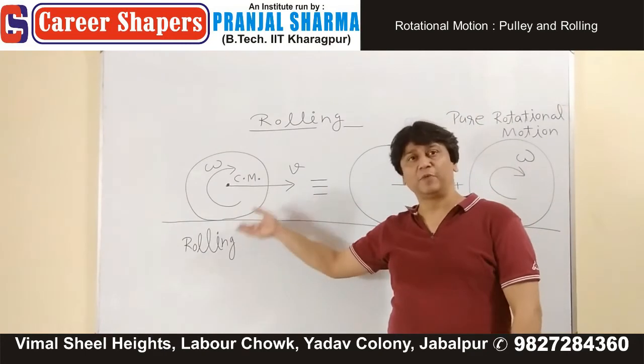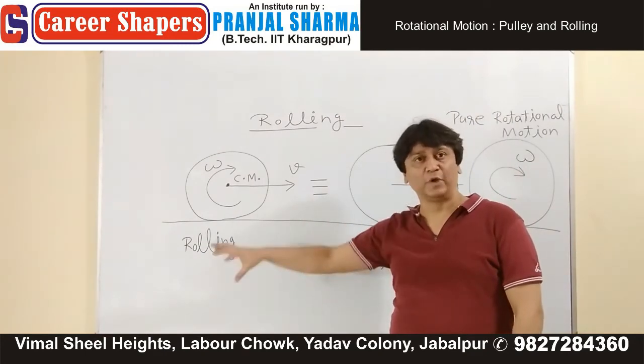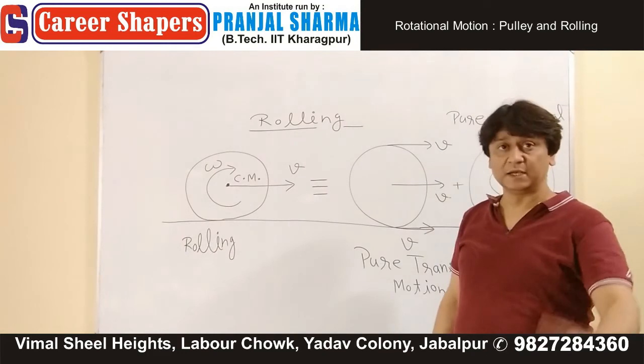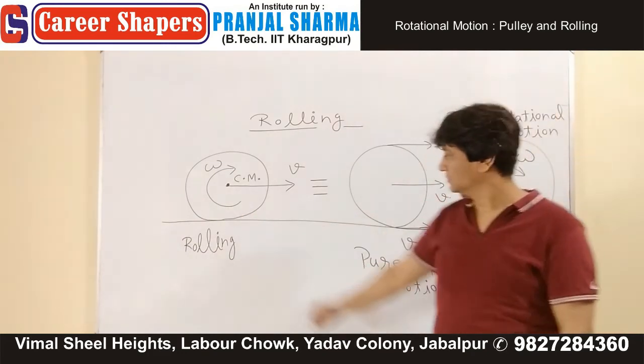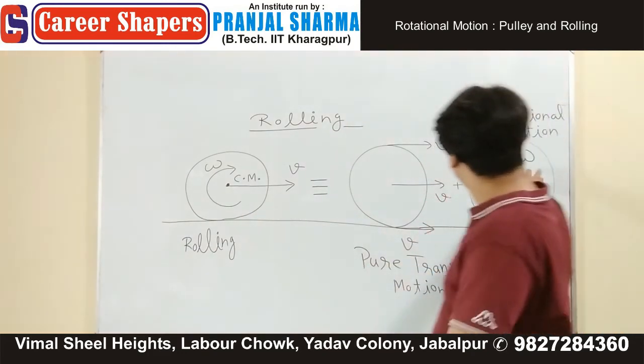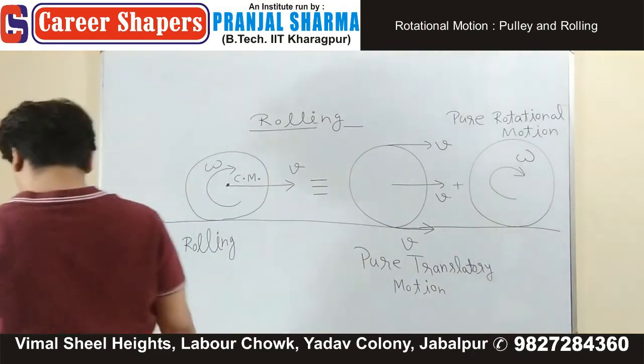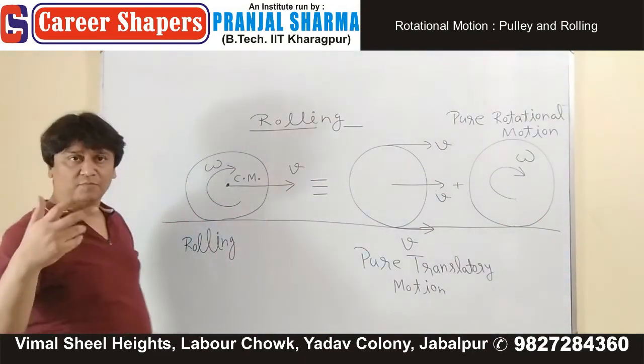So somebody from the inside of the car looking at the wheel, what type of motion does he see? Rolling, pure translatory or pure rotation? Answer this part. It will develop the feeling.